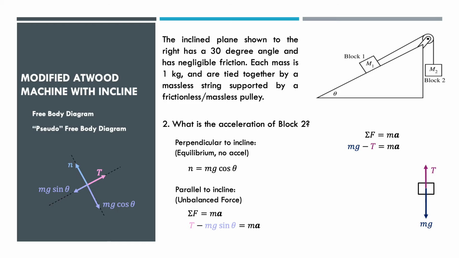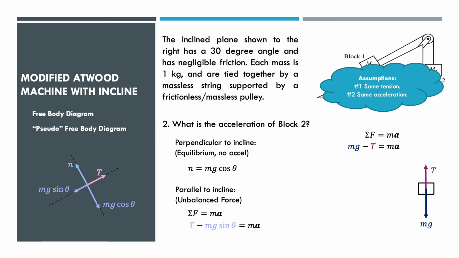Now, with Atwood machines, you can make two assumptions. They have the same tension in both ropes. Being that it's one rope, it has one tension. And both objects have to accelerate at the same rate. That's because the length of the rope will never change. So with those assumptions, I need to now solve for acceleration.